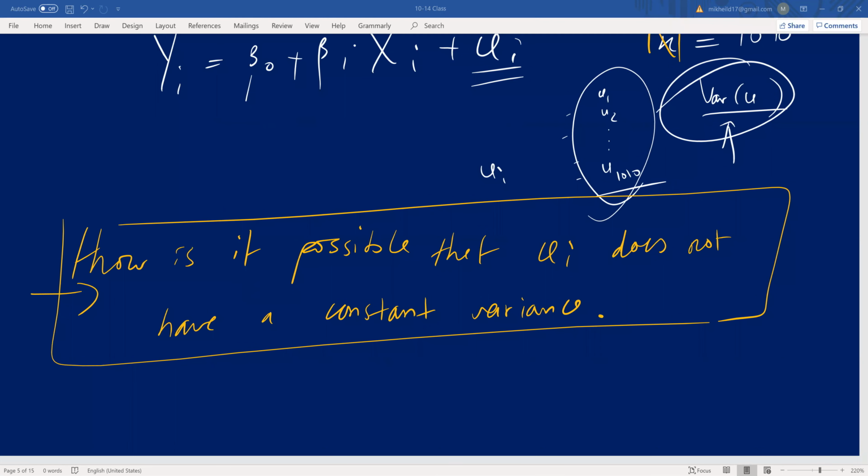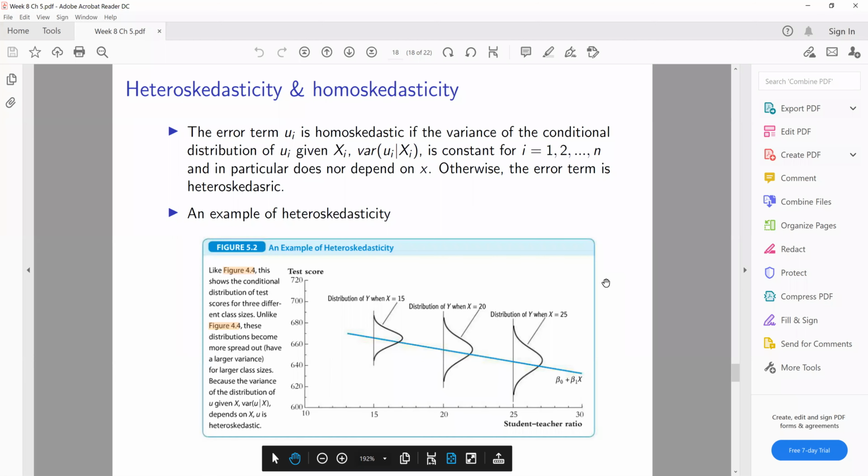So now let me share another screen. This is, guys, from the class slides. Do you see the screen? Yes. So this is the end of chapter 6, and chapter 5.